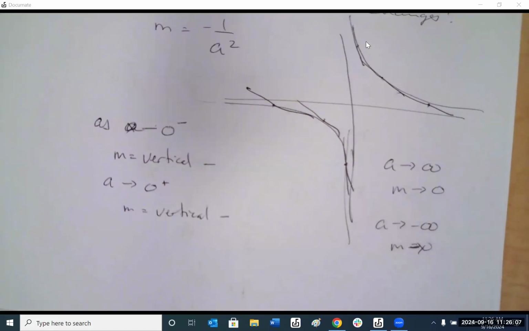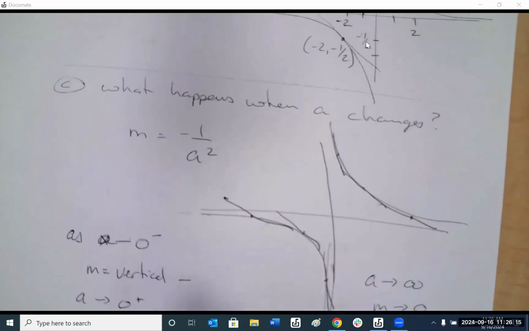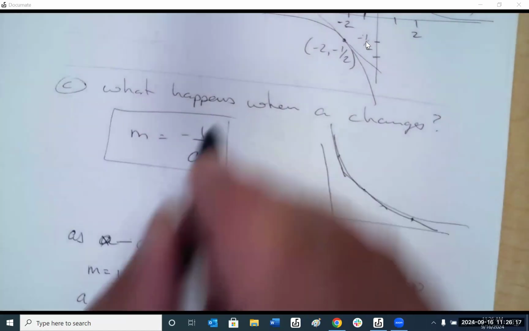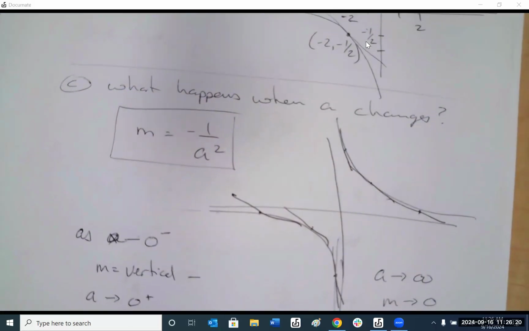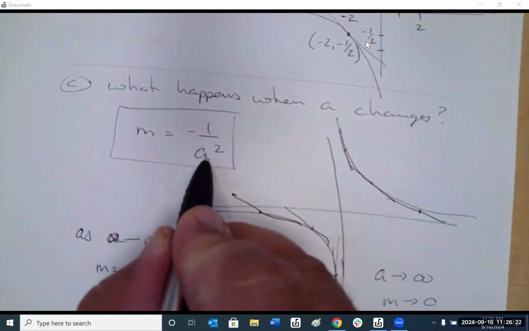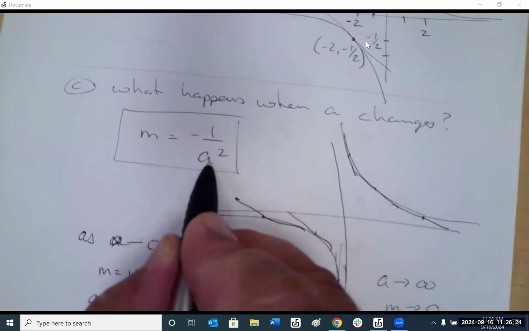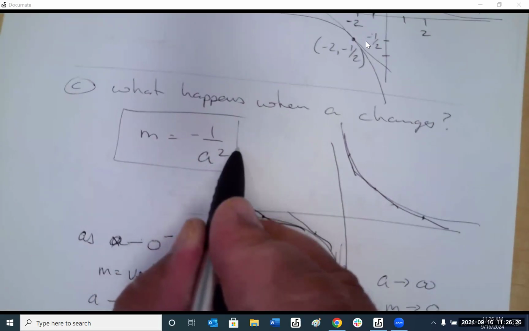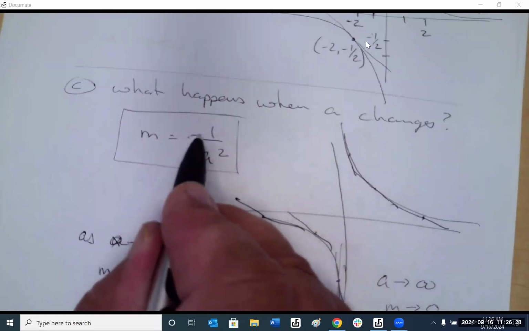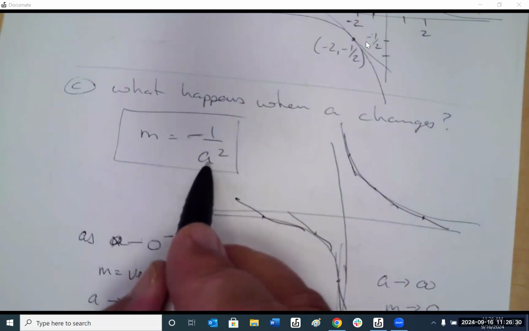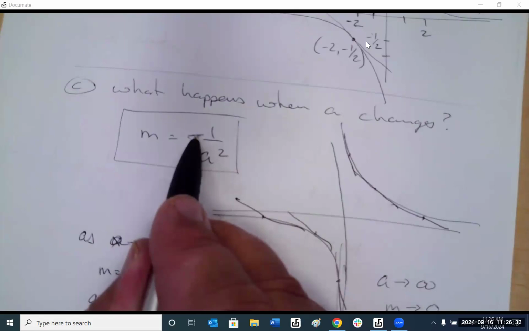How do we know that the slope is negative everywhere? What's the formula for our slope? So if A is negative and you square it, it becomes what? And it's a negative still. If A is positive and you square it, it stays positive. It's still negative.